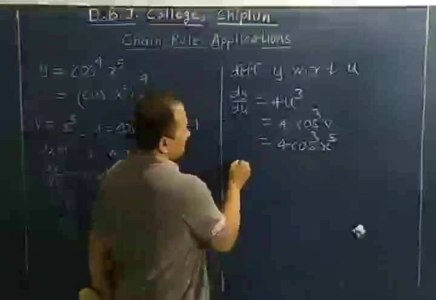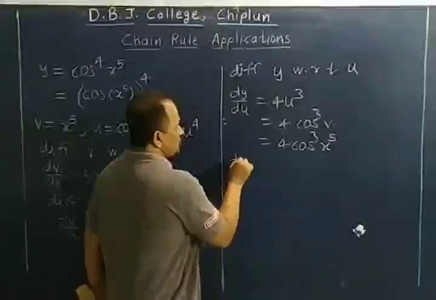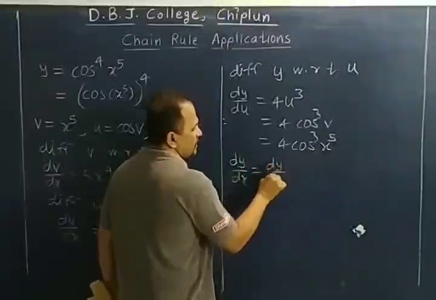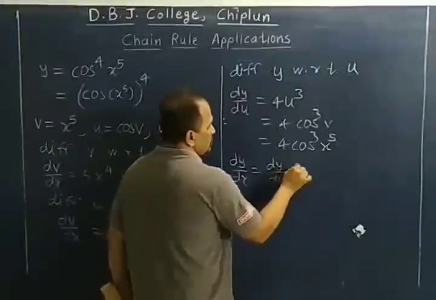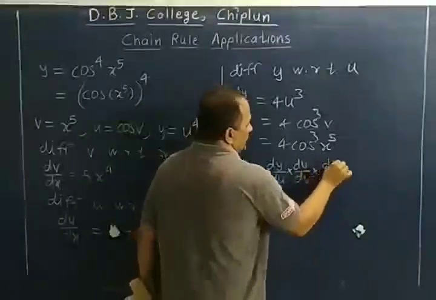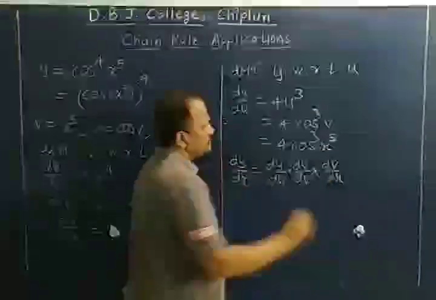Now chain rule. dy by dx is dy by du into du by dv into dv by dx.